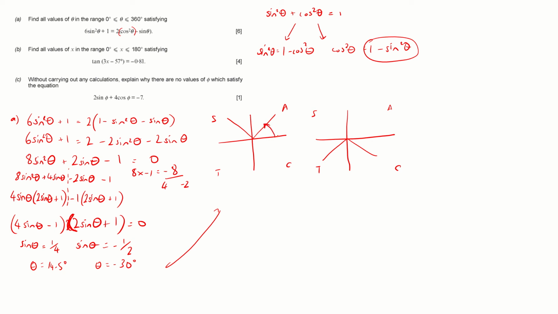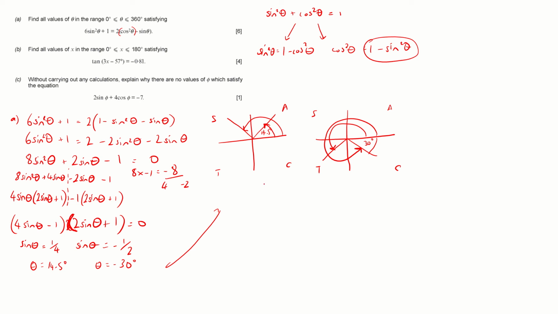So there and there, and in the other one it's there and there. The first one tells us that this acute angle here is 14.5. In this second one, it's telling us that this angle is worth 30 degrees. That's what this minus 30 here means. That doesn't mean that that's an answer though. That just means the size of that angle is worth 30 degrees.